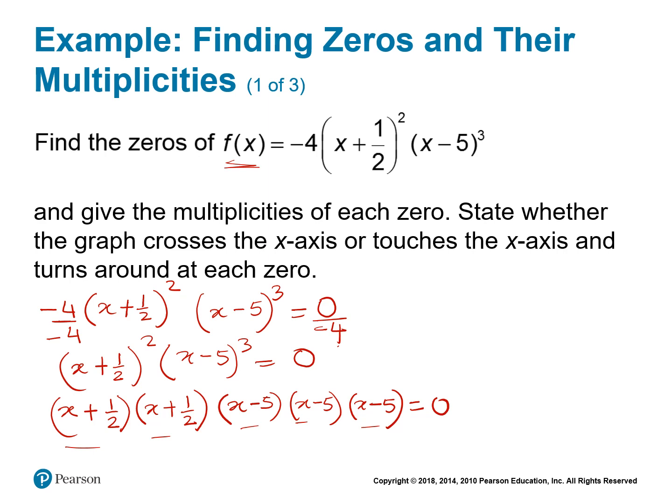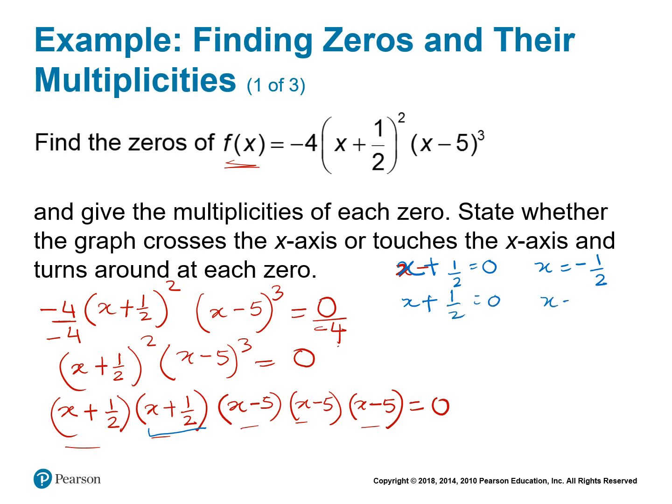So we have x plus 1/2 equal to 0. Therefore, x equals negative 1/2. Then the second factor, x plus 1/2 equal to 0.